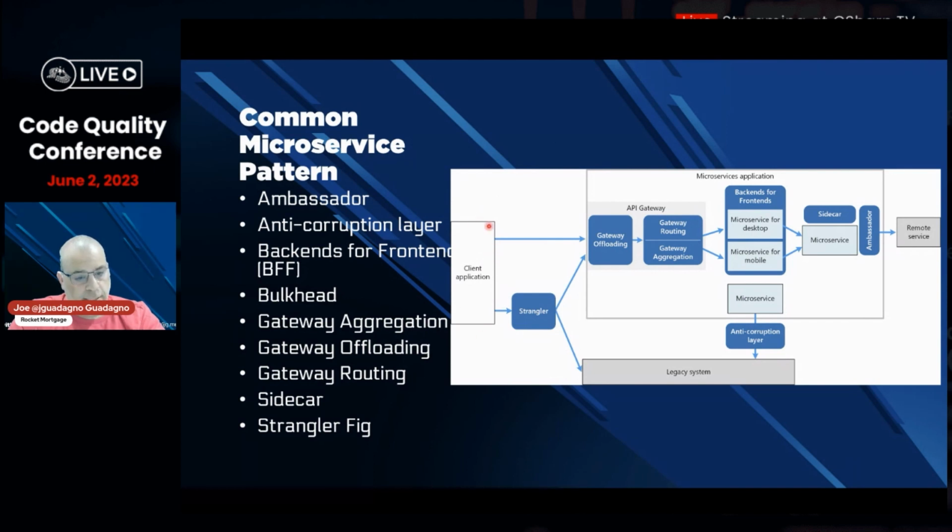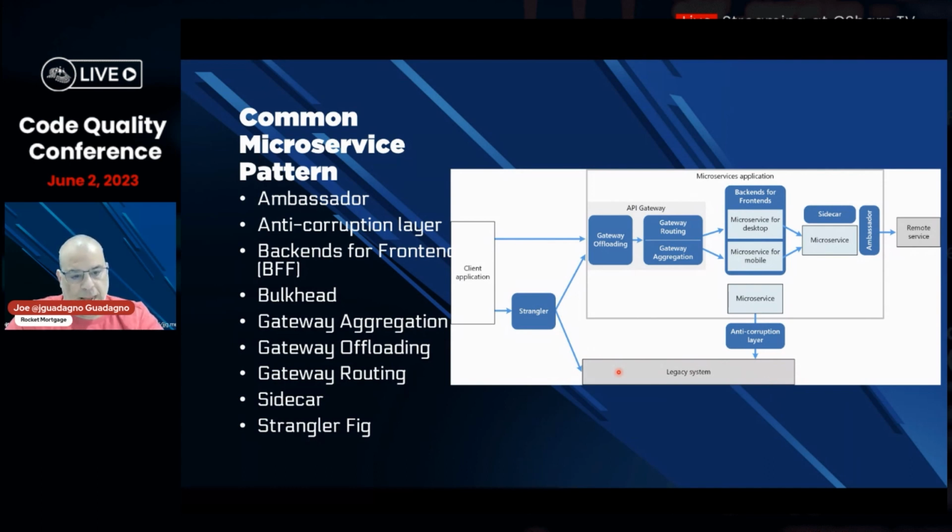So this is my client, my new client application. I'm building it. Technology doesn't matter, but let's say ASP.NET, and I'm hosting it in the cloud like Azure or AWS. And this is my legacy system that's sitting in my garage that has everything in it.